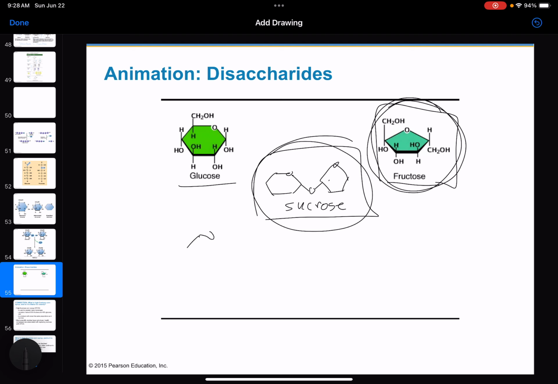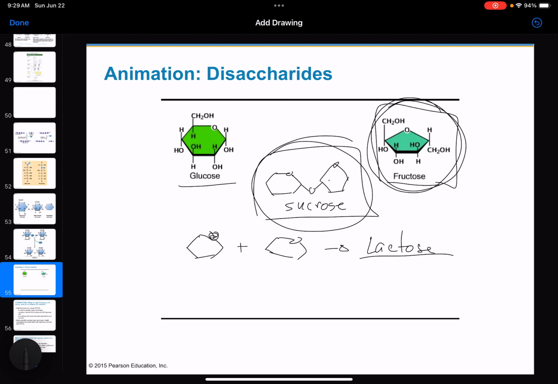You can also link a glucose with a galactose. Here's glucose. And you can link it to a galactose that looks very similar to glucose. And you can create a milk sugar called lactose. This is what makes milk have a slight sweet taste to it. It's the lactose.